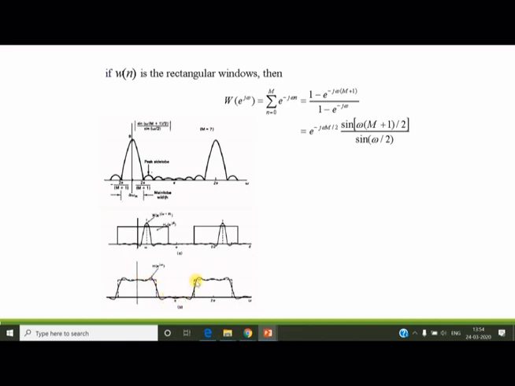In this frequency response plot, the thick line indicates there are ripples present in the pass band, and ripples present in the stop band also, as a result of this procedure of convolution in the frequency domain.